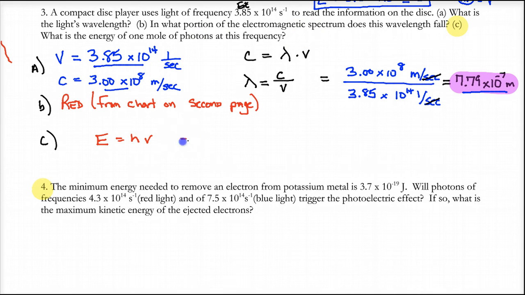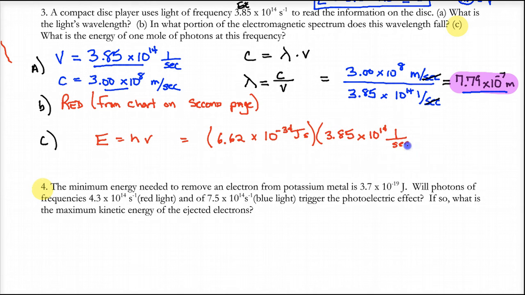So very simple, Planck's constant, which is 6.62, it's an incremental amount of energy, times 10 to the negative 34 joule seconds, and I'm multiplying it by that frequency, 3.85 times 10 to the 14, and that's per second, right?